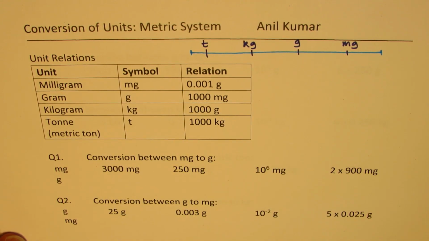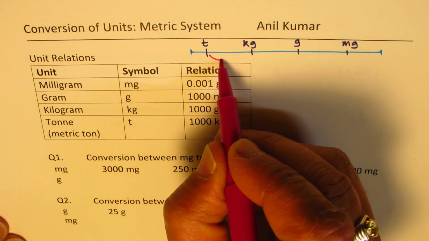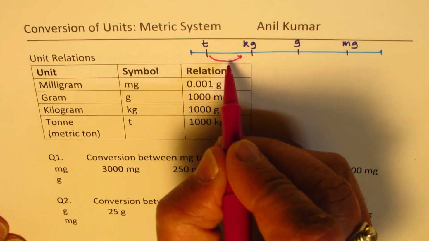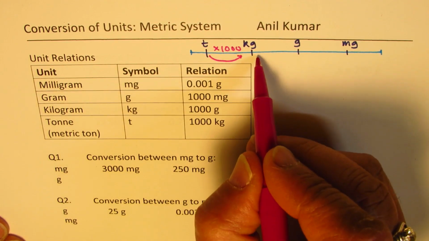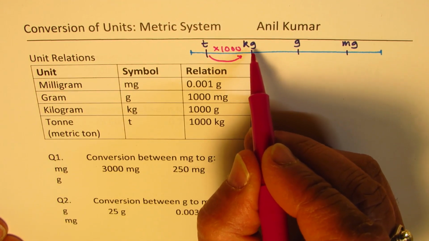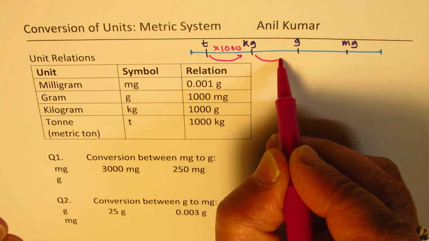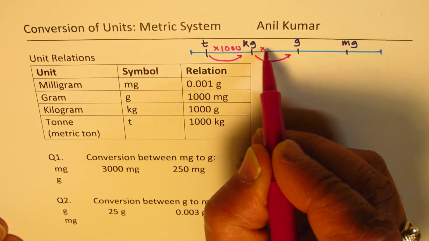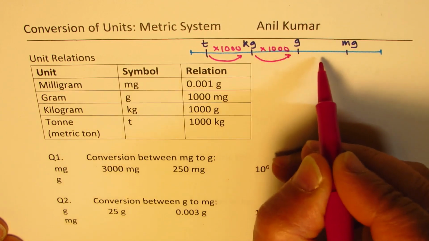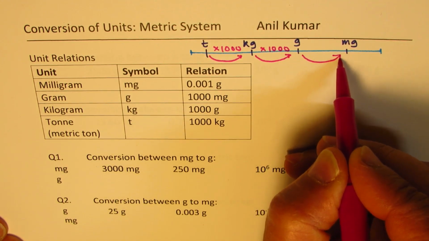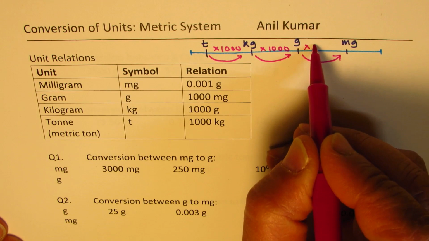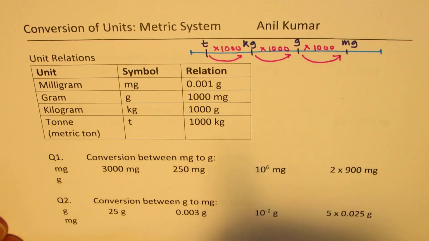So if I have to convert from tons to kilograms, I will do times 1000. If I am given, let's say, 5 kilograms, it will be 5 times 1000 if you move in this direction. Any gram measurements, when you want to convert to milligrams, you need to multiply by 1000, correct?